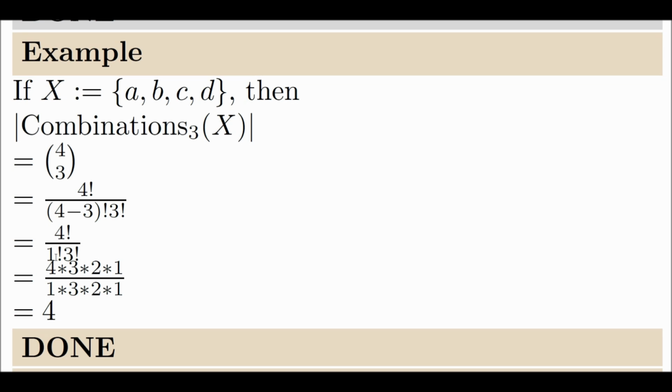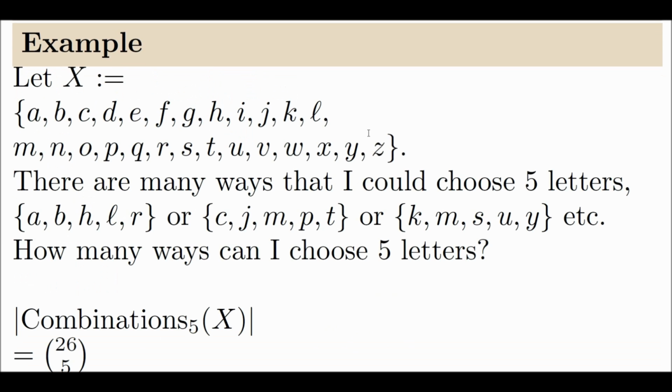So 4 minus 3 is 1, so this would be 1 factorial there. I've written out what 4 factorial is. So here's 4 times 3 times 2 times 1. 1 factorial would just be 1. 3 factorial is 3 times 2 times 1. And this would simplify to 4. So there should be 4 combinations of X that have size 3. And if you look back at the combinations of X of size 3 that we wrote out, there were 4 subsets like that.